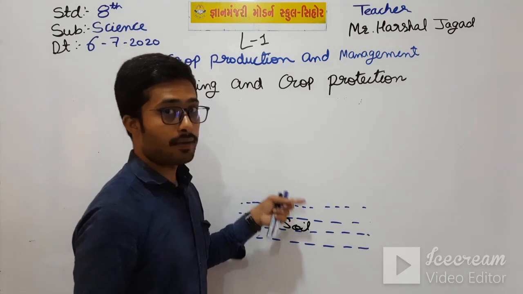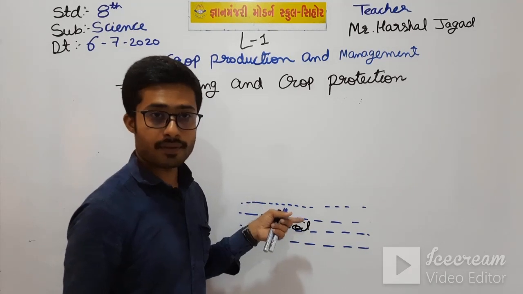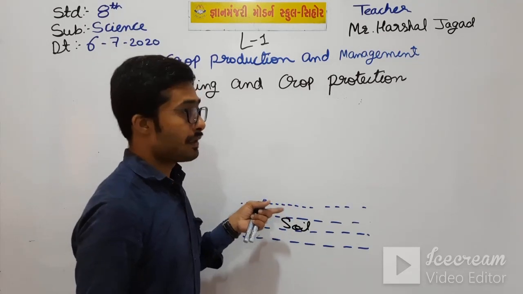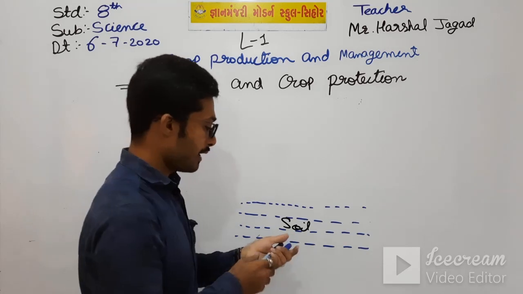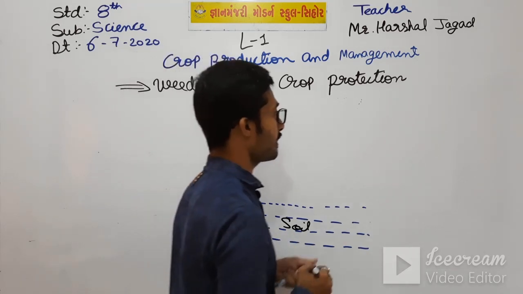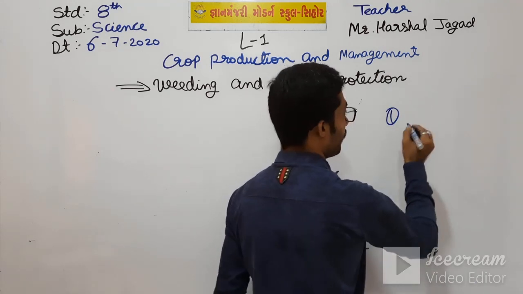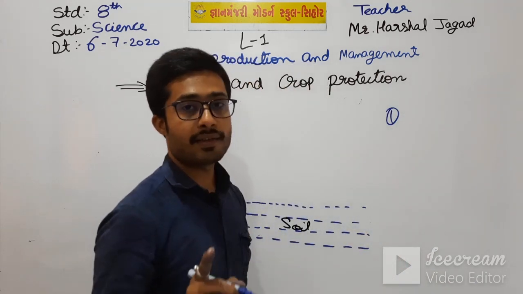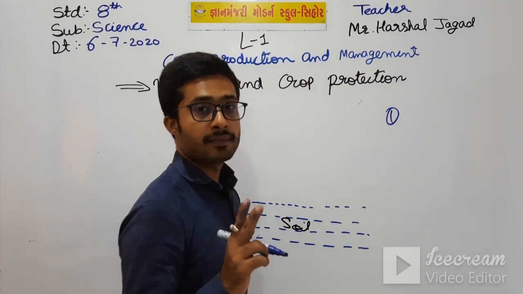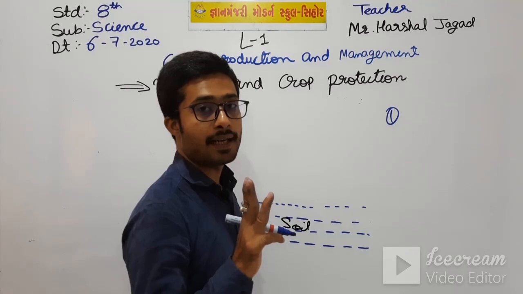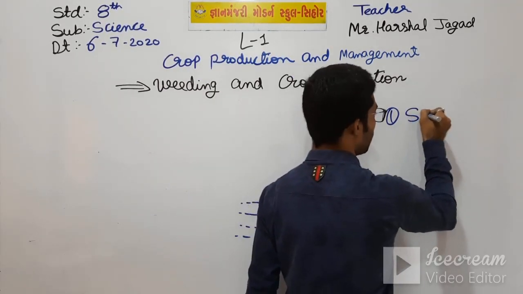Then watering of crops and then weeding and crop protection. So here let me write all the processes. First, soil is prepared. In that, ploughing, leveling and adding fertilizers. These three processes are there.